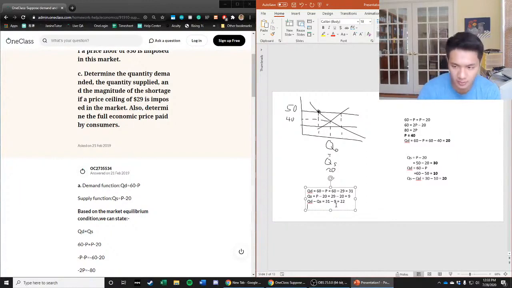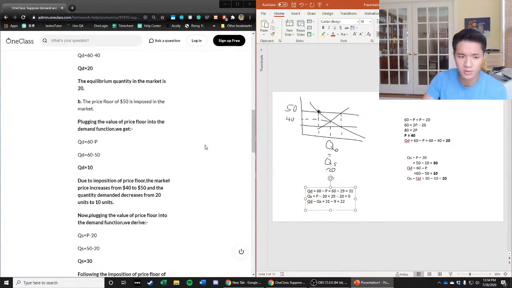Right, so the price will actually be the intersection of the price floor onto the curve. So because the price is capped at $29, we just know that the ending price is $29 as well. And I think if we put that all together, we would get 54, I think, for the overall economic price being paid by consumers.